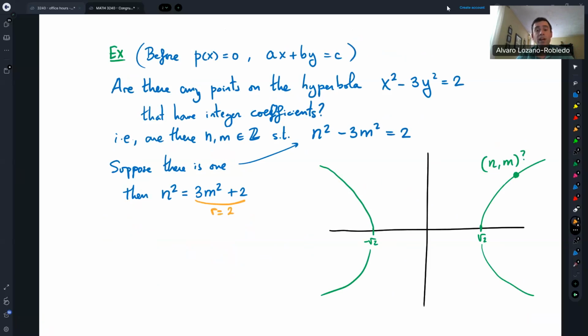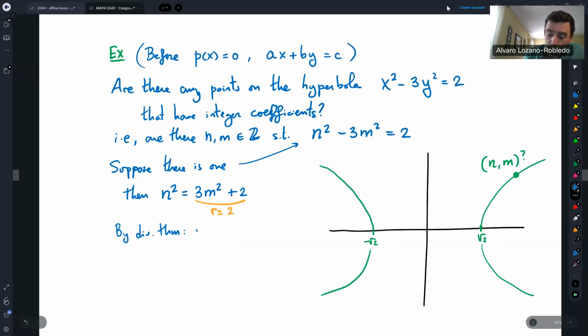But what happens when I square a number? What kind of remainders do I get modulo 3 when I divide by 3? So let's see. By the division theorem, we also have that the remainder when I divide n by 3 will be 0, 1, or 2.